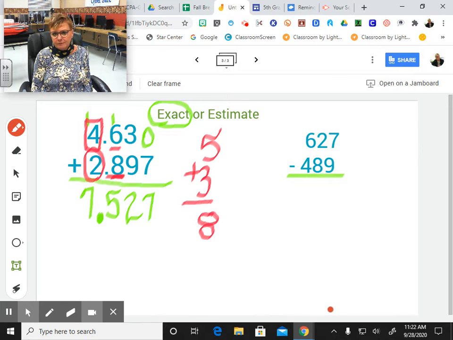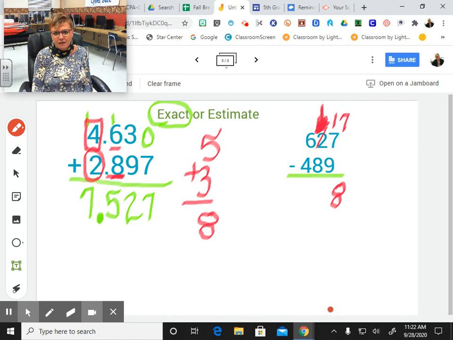But look, I'm going to have to regroup. I can't take 9 ones from 7 ones. So I'm going to do that regrouping. Make this 12. Oh, I'm sorry. Did that wrong. Make this 1. Think about what I'm doing. I'm borrowing one of the 10s and turn it into 10 ones, not 10 tenths. So now I've got 17. 17 minus 9. 8. 1 minus 8.